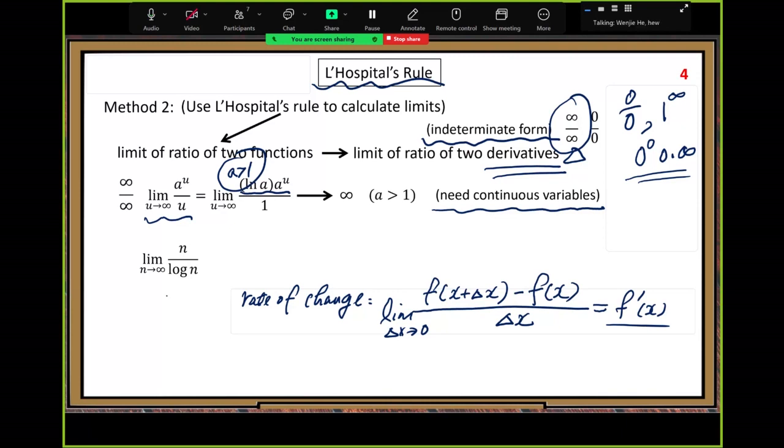Now, look at this function: the numerator function n and the denominator function log of n. Do you know whether these two functions have derivatives or not? We want to see if their derivatives exist or not.